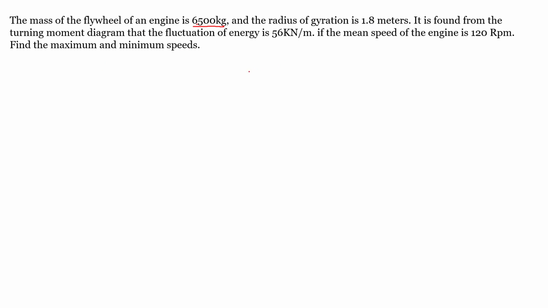Okay, so you have to find the rpm values. So the given data: mass is given, it is 6,500 kilograms, sorry, I keep confusing the unit. The k value is 1.8 meters, and the delta E value is given as 56 times 10 to the power 3 Newton meter.